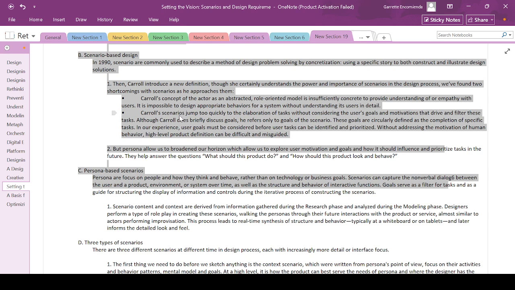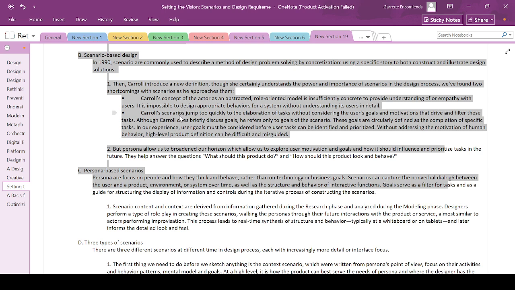So he defines the actor in the scenario as role-oriented, instead of a more encompassing behavioral persona that covers different behaviors for different users.